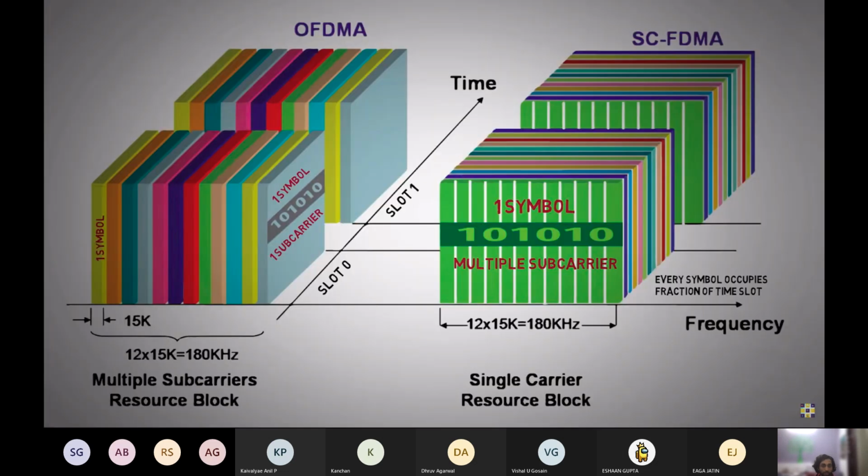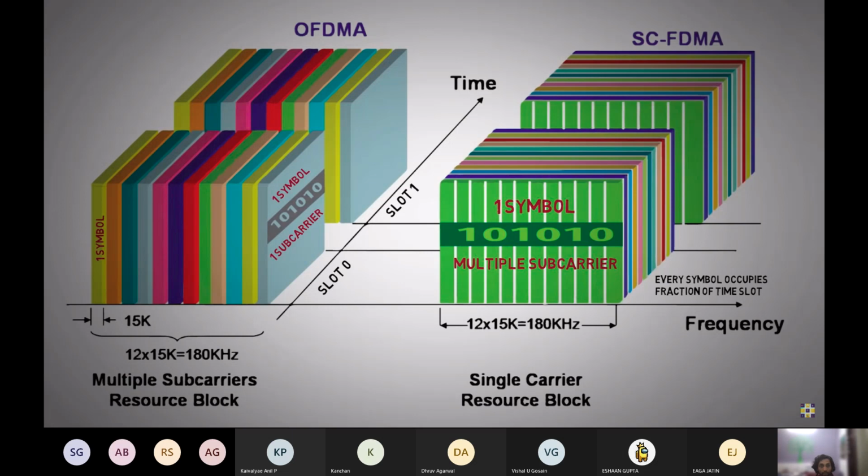This is the diagram basically in time and in frequency. On the left side we see that in frequency it is divided. Then in the time domain, we see that it is divided in time into packets.